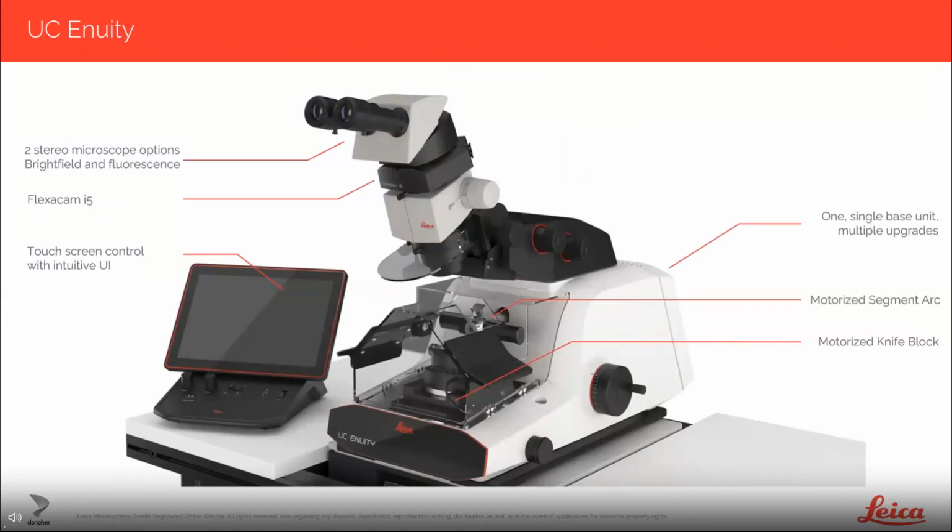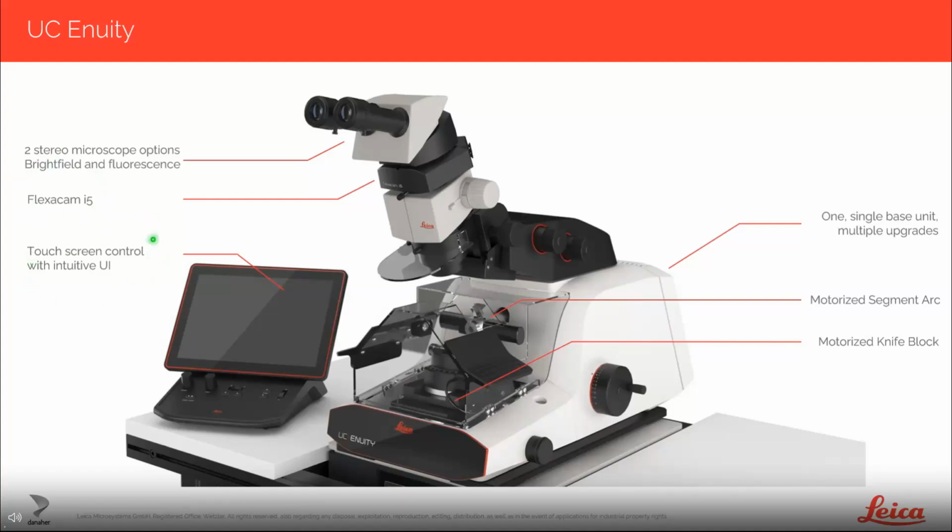Here you can see the UC Enuity. This is an advanced room temperature configuration. And we provide to you two stereo microscope options, bright field and, what is new, fluorescence illumination. A camera, which is used for automatic functions and image analysis to provide these automatic functions.